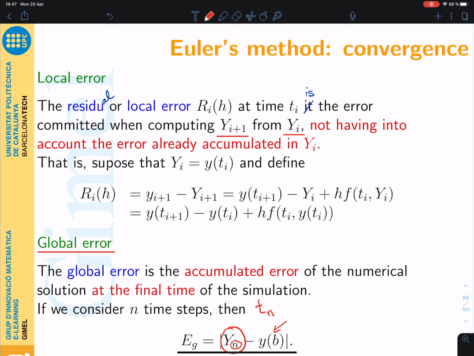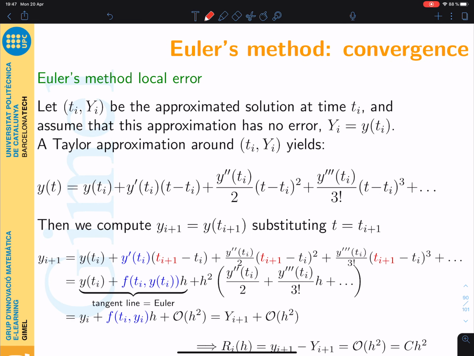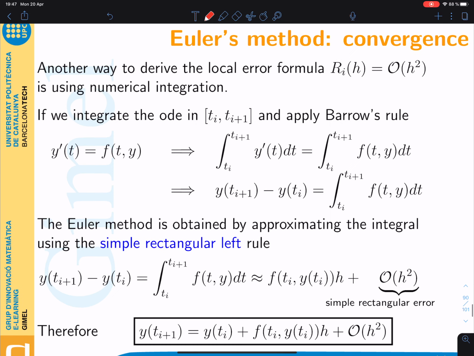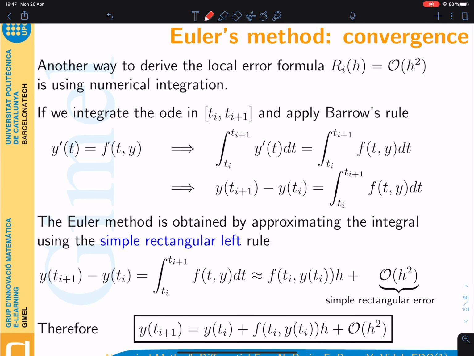Okay? So these are two very important definitions, local and global error. And what we will see now is a very easy way to derive the local error. The ODE that we are trying to solve is this one.